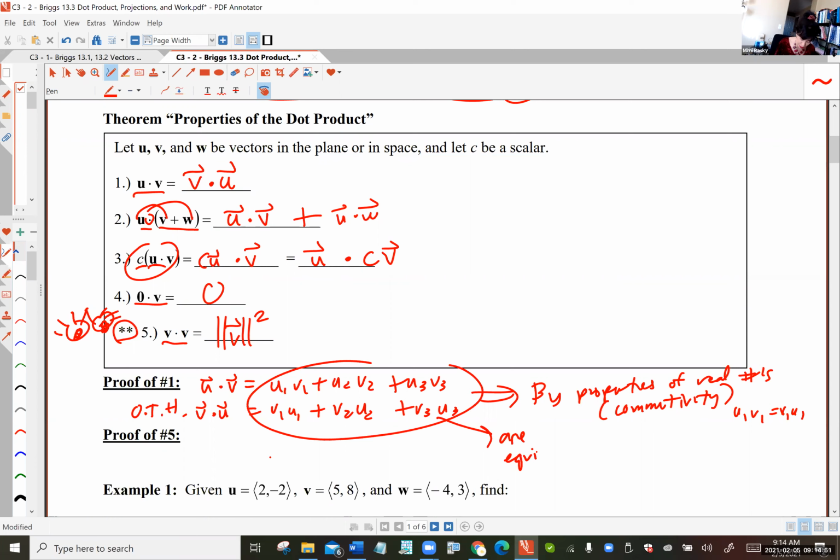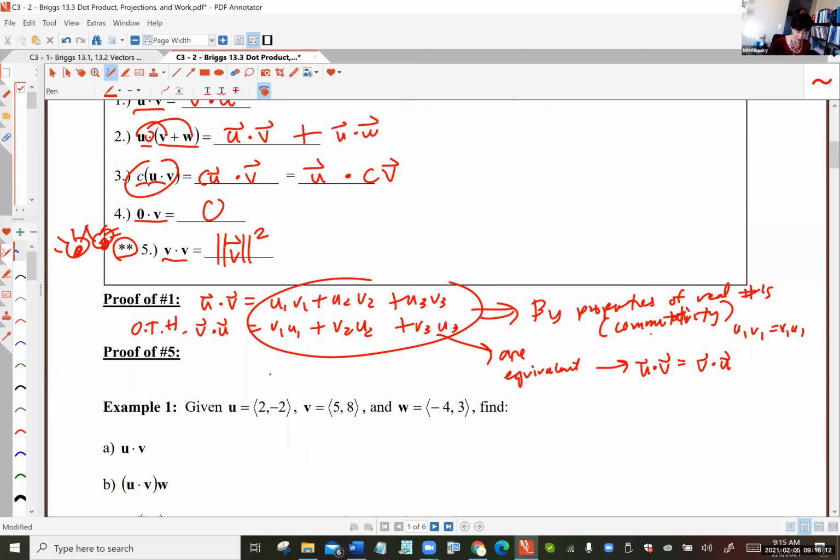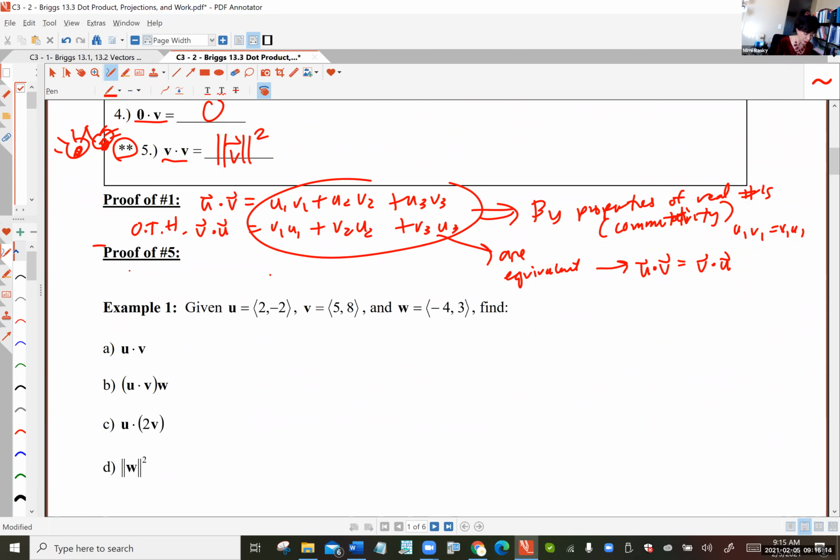And so we can conclude that u dot product with v will always give us the same result as v dot product u. So we're taking advantage of the commutativity of real numbers to prove the commutativity of the dot product.